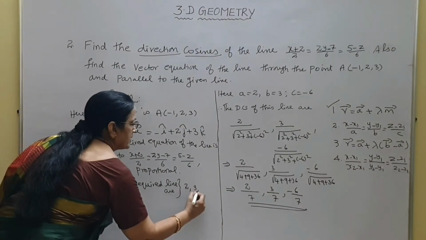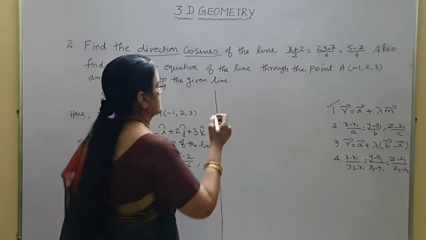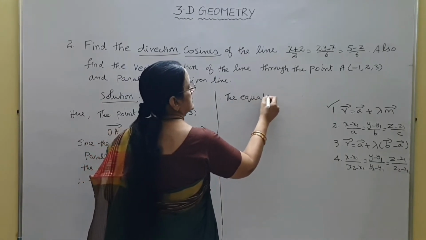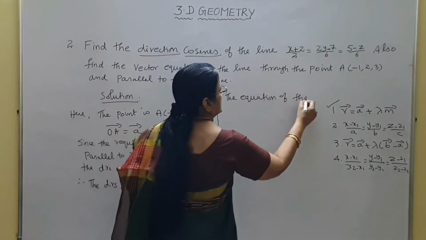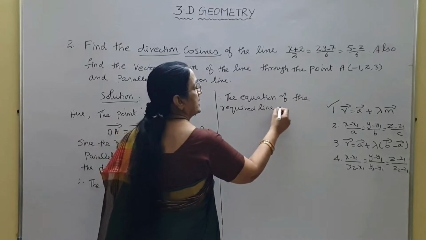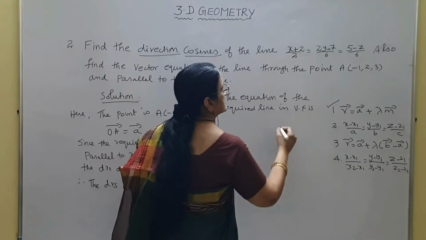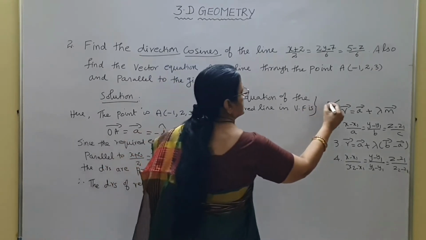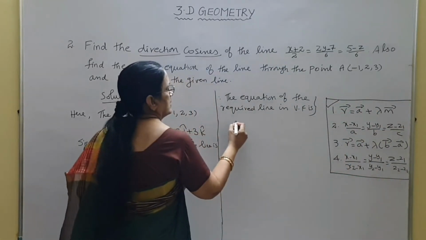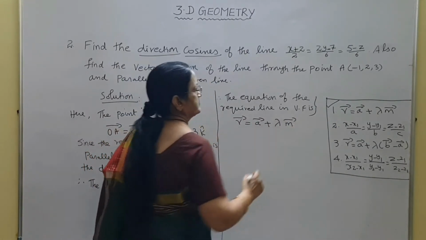2, 3, minus 6. Therefore, the equation of the required line in vector form, I am writing it in short form here, is r vector equals a vector plus lambda times m vector.